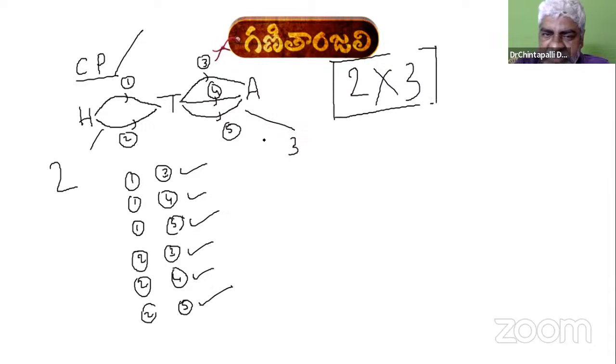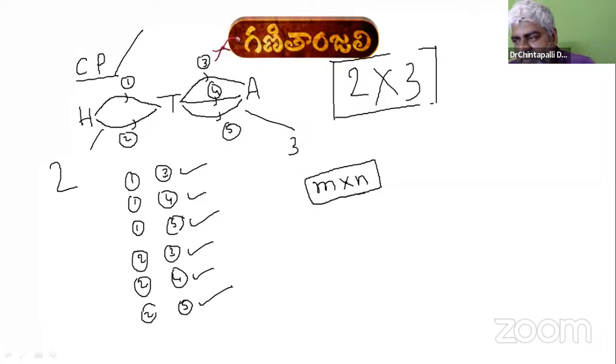The counting principle says if a task can be done in m ways and another task can be done in n ways, the 2 tasks can be done consecutively in m times n ways. It is the basis for permutations and combinations, and permutations and combinations are the basis for probability.